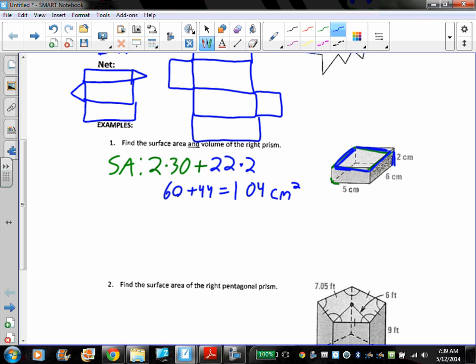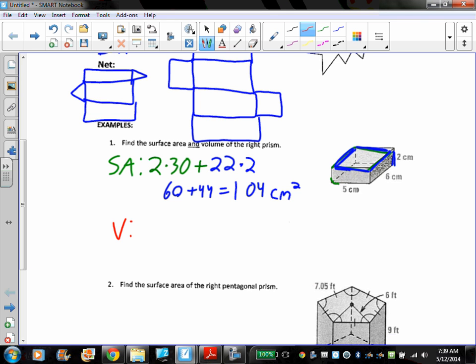Now notice that my unit is centimeters squared, because what we're dealing with here is area. We're looking at the surface of the shape, so we have centimeters squared. Finding the volume is usually a little bit easier. All we're going to have to do is find the area of our base and multiply by the height.